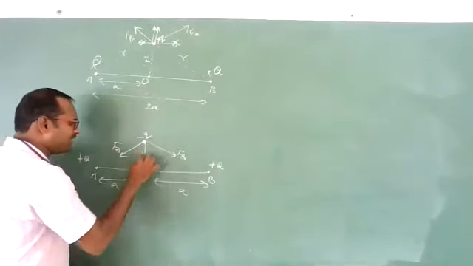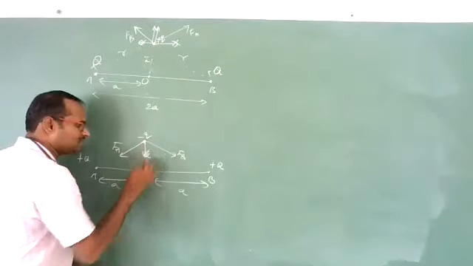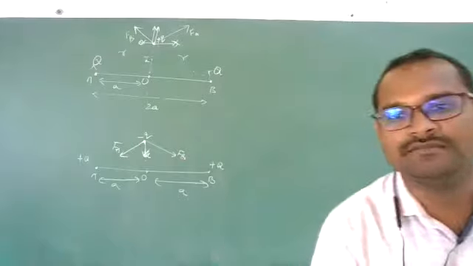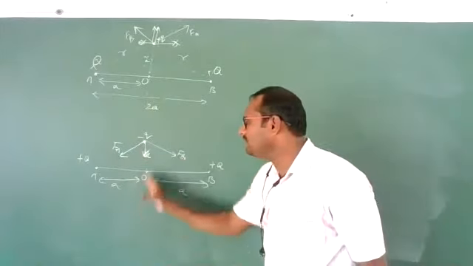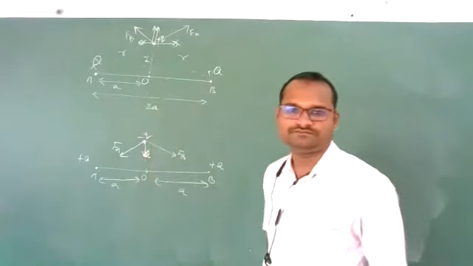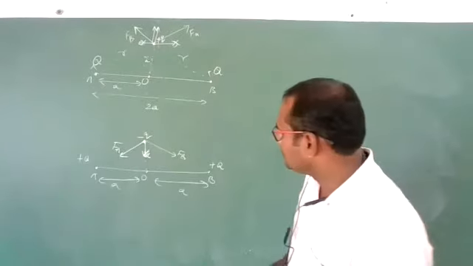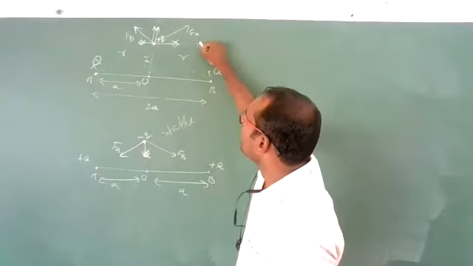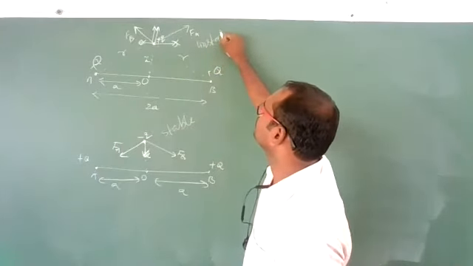So their net force will act in the downward direction. It means the negative charge will be in stable equilibrium along the line perpendicular to their center. So this is in stable equilibrium. This is in unstable equilibrium.